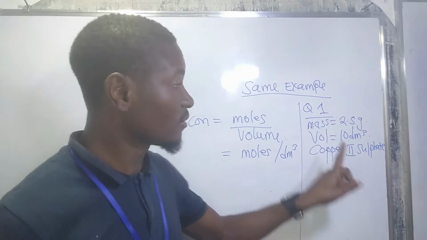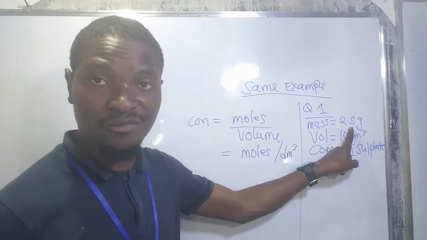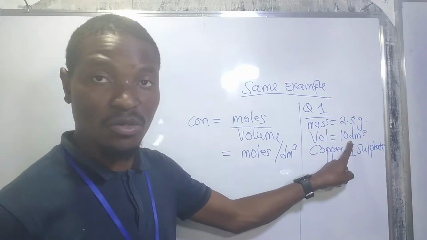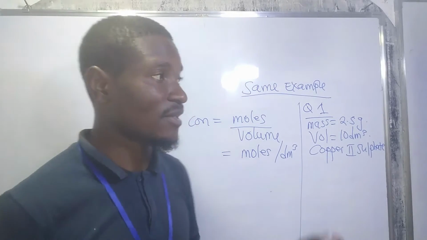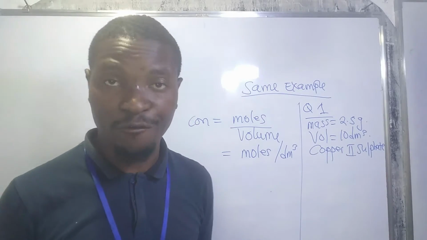So in question 1, the mass was 2.5, the volume was 10 decimeter cubed, and the name of the substance was copper 2 sulfate.